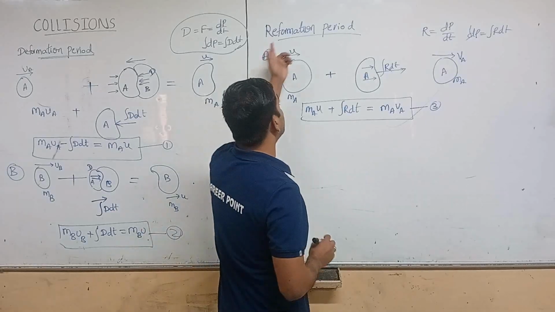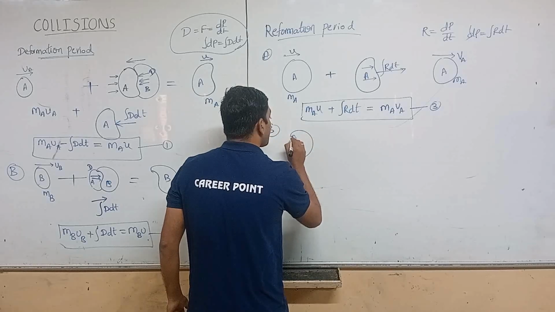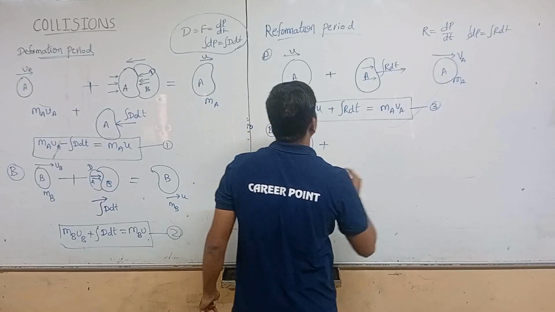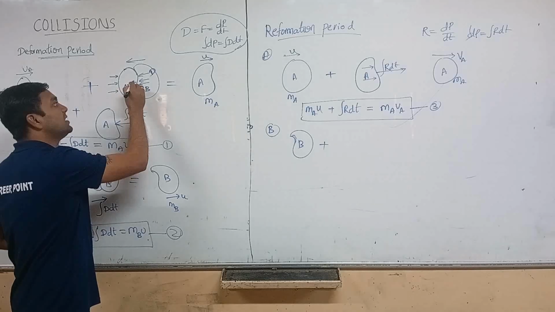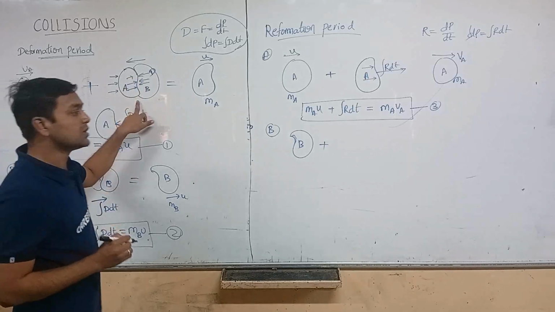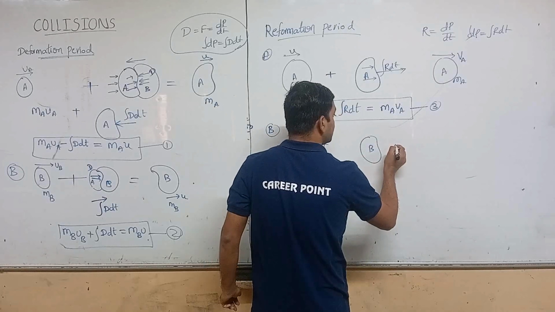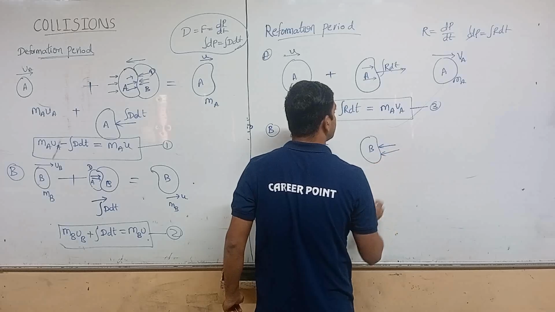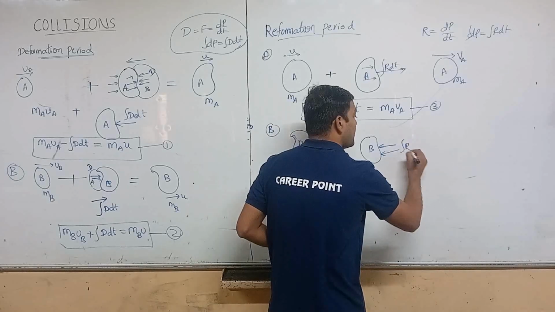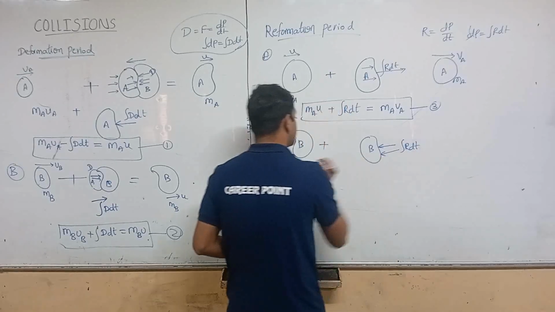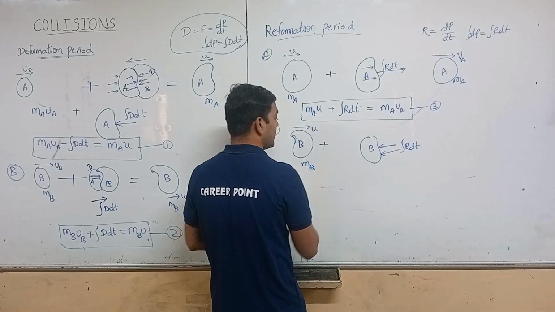Now for B, the reformation period. B is like this. Here how much force we get, the same force we need to give here. From this B we are getting the same force. This is the restoring force, the momentum is in this direction, and B is moving with U, having the mass MB.